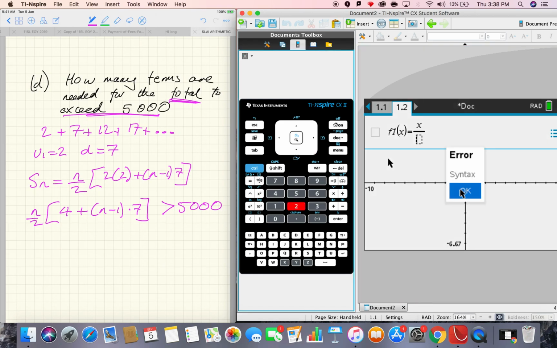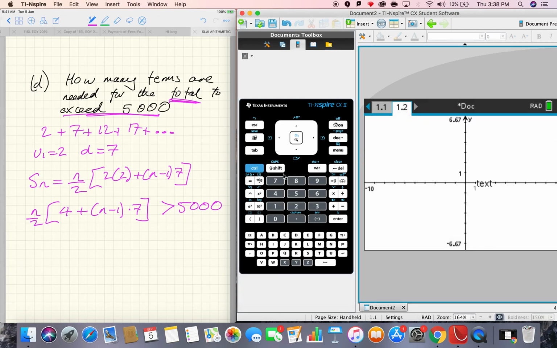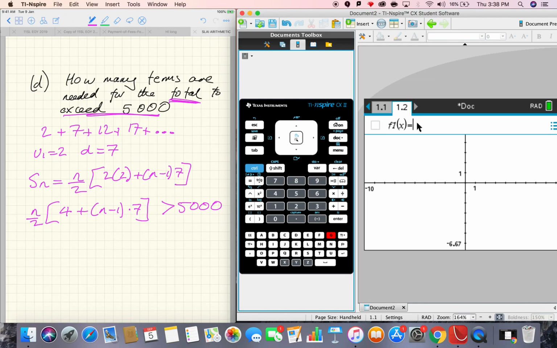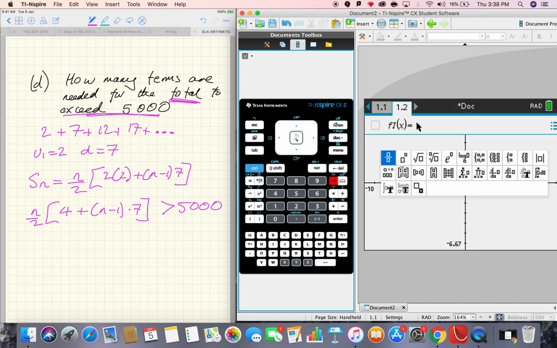And then, oh, syntax error. Okay, no problem. Let me just try that again. I've lost the entry heading. Control G is a shortcut to get it back. I think it's just a little bit of a time lag as I'm recording on screen, so let me click it slowly.